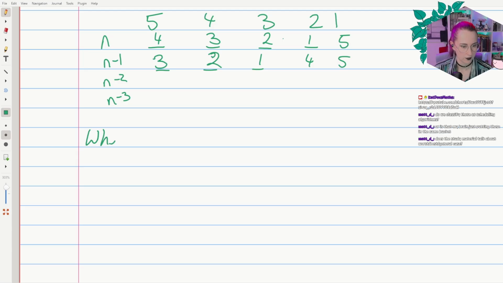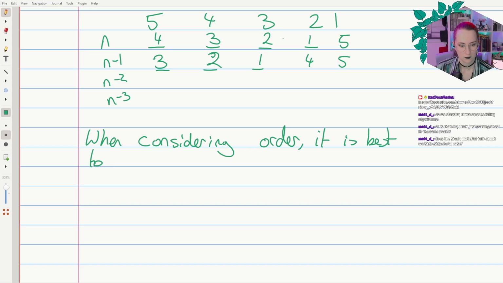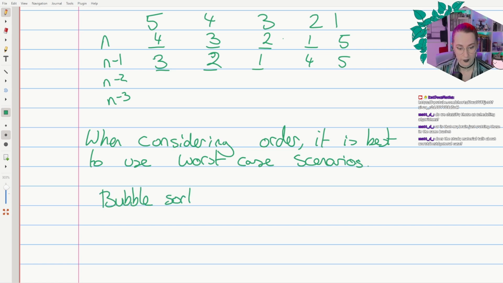It does say, though, that when considering order, it is best to use worst case scenarios. So in bubble sort, we had n times (n minus 1) all over 2, which is (n squared minus n) over 2. So this has quadratic order.